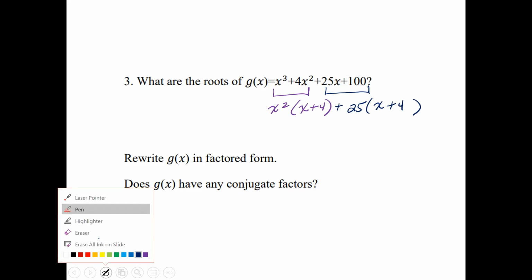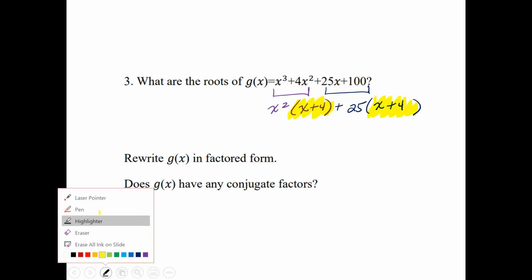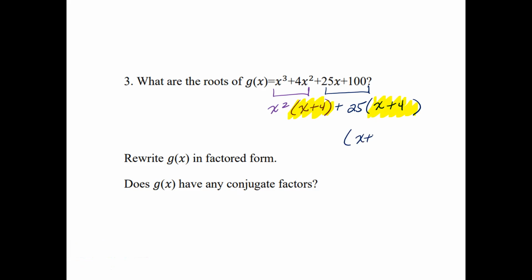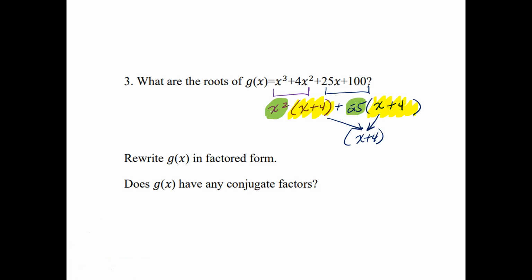Do you guys see how these two are exactly the same? And because they're exactly the same, I could do x plus 4. I just literally combine them together. And then what I do with the remaining piece right here is I'm going to go ahead and write it right in front of it. X squared plus 25.